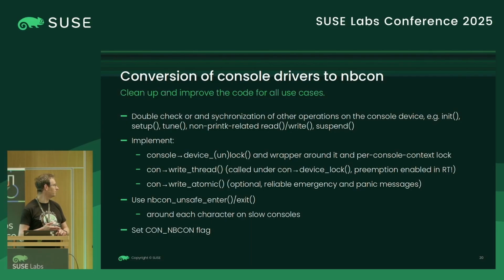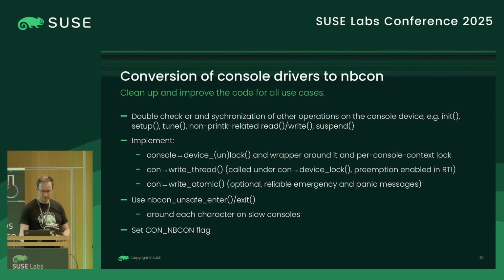And in these 2 callbacks, they have to use this nbcon unsafe enter/exit to switch between when the takeover is safe and not, and especially the slow drivers should do this between each character ideally, so that the emergency or panic is able to take over the ownership in time before the timeout.